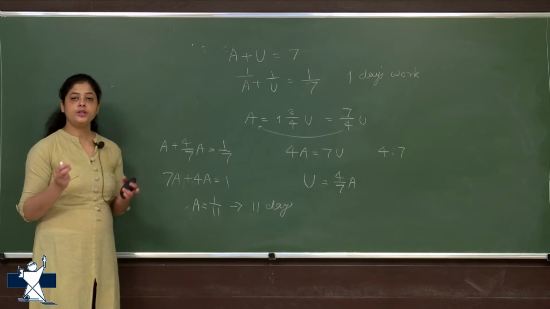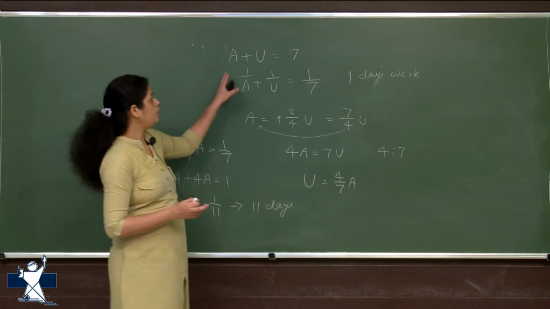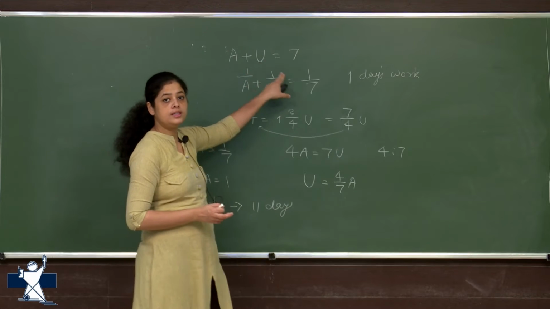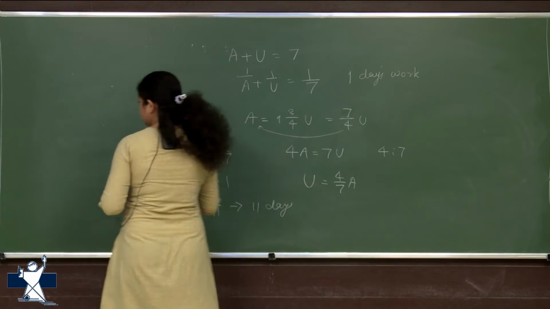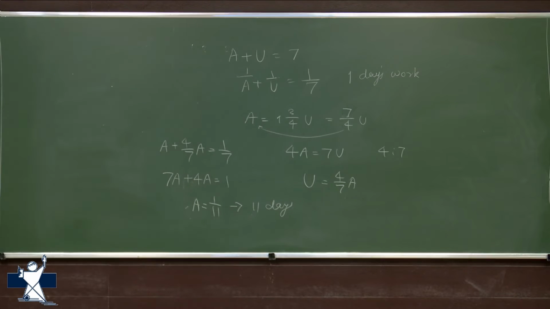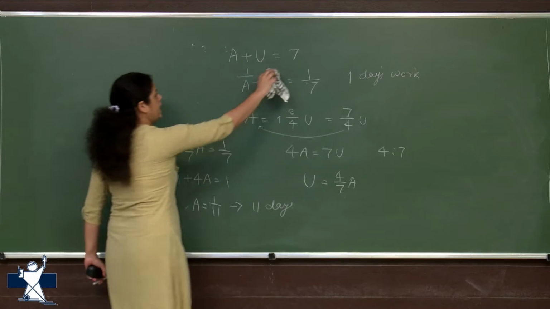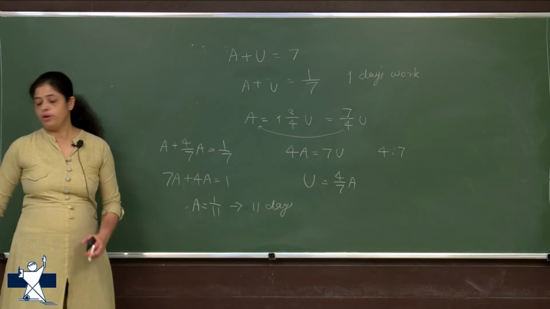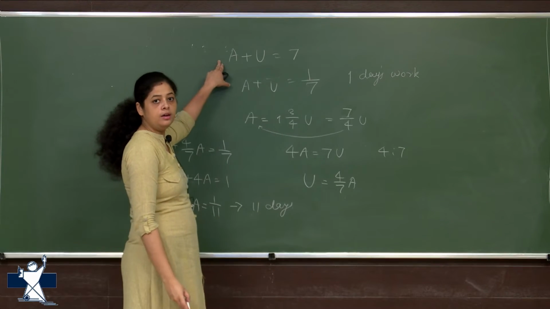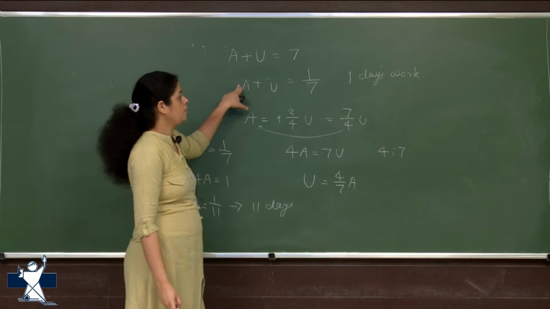Okay? So whenever two people work together, you have to add like this, but always take 1 day's work. So no need to take a reciprocal here, otherwise unnecessarily you will get confused. So you put values as it is. These are the total number of days they are taking working together, so their 1 day's work will be 1 by 7.